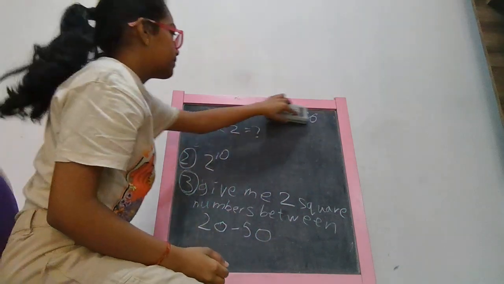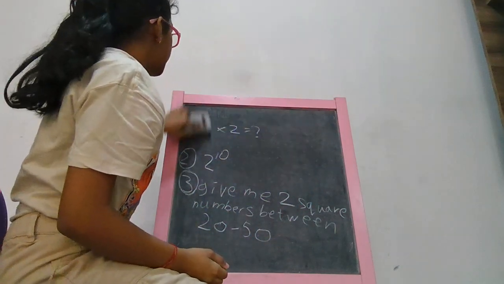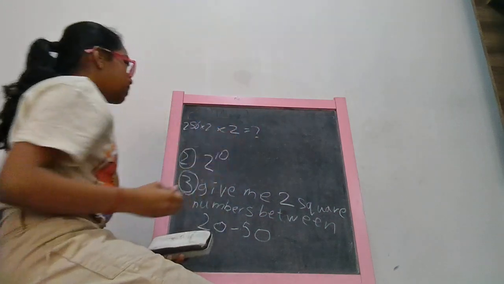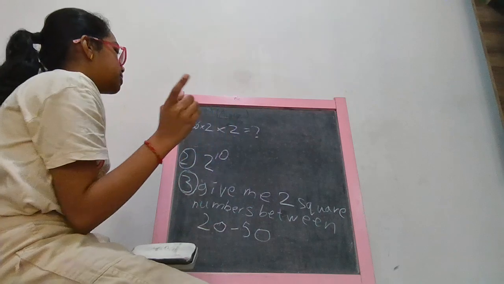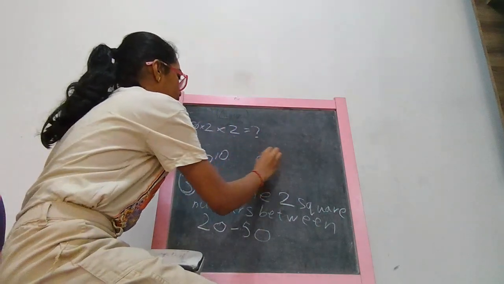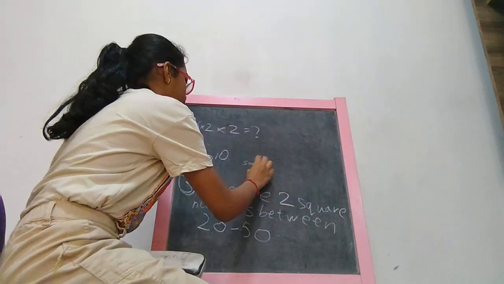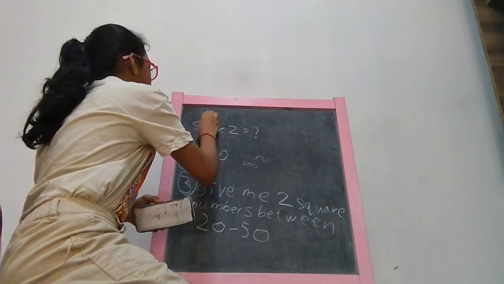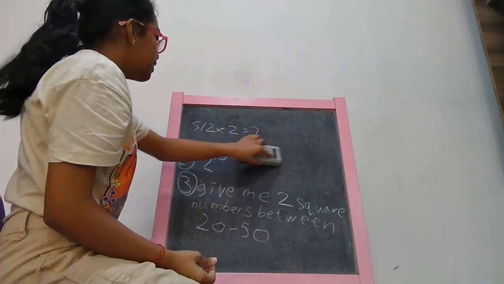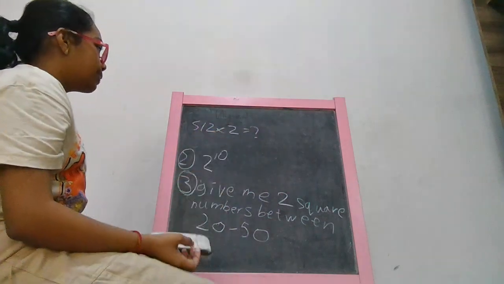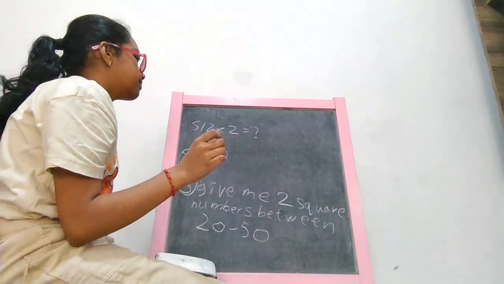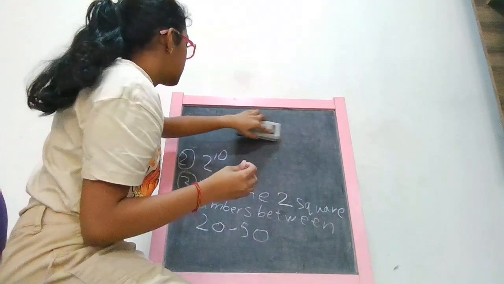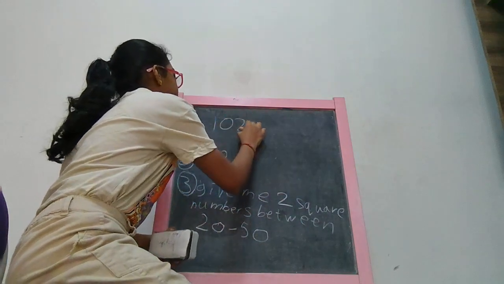Okay? Now, 256 into 2 is going to be, just a second, 512. And finally, 512 into 2 is going to be 1024.